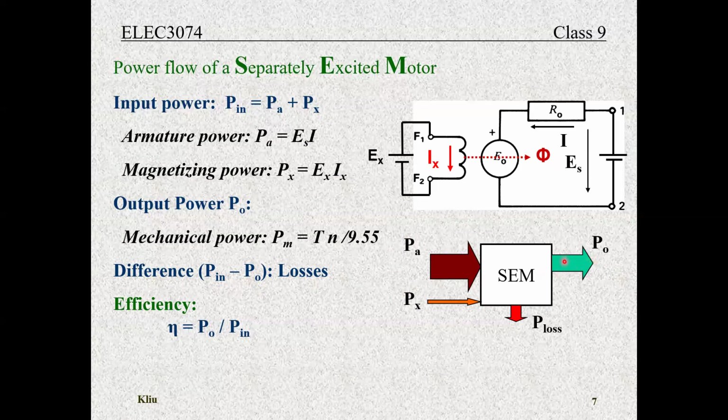And out of that separately excited motor, we get the mechanical power, the output power, which we have the formula for here. And those are going to be different. The sum of these two input powers is going to be way more than what's coming out because we have losses.